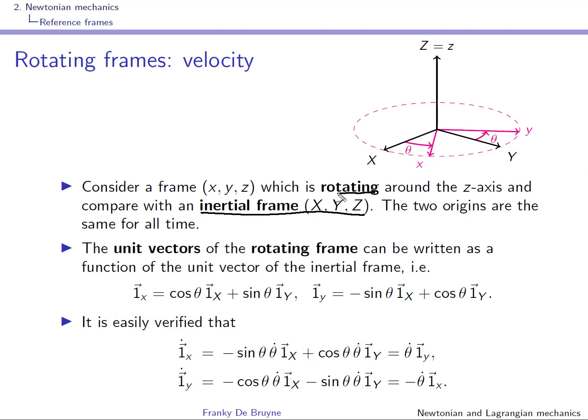It's called xyz lowercase, and the lowercase z-axis and the uppercase Z-axis are in common. You also see that the origin of the two frames is the same. We've said that this frame is inertial, this one is rotating, which means it's non-inertial.